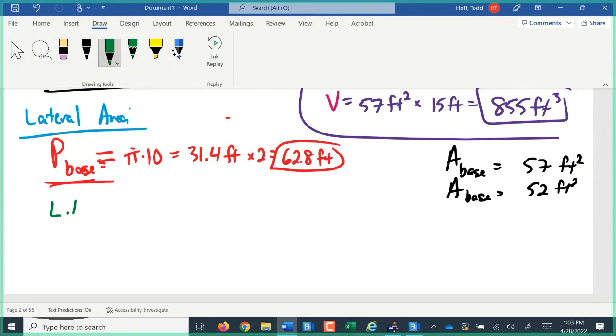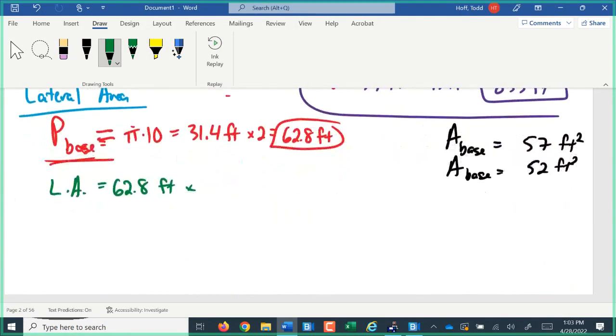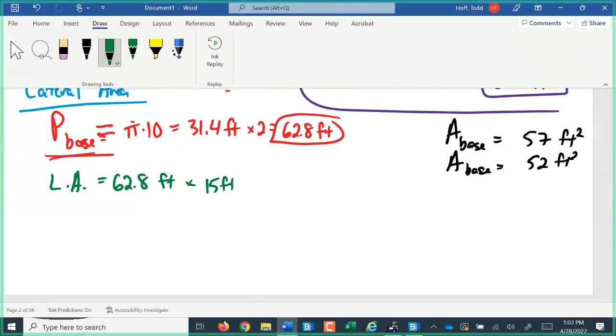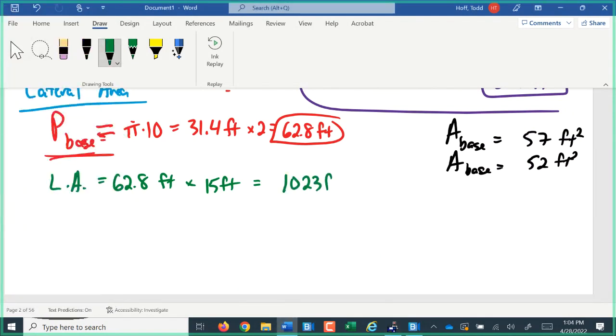So the lateral area is that perimeter of the base, 62.8 feet, times what? 15 feet between the bases. It's not even square feet, that's just 62.8 times 15, which gives me 942 square feet of lateral area.